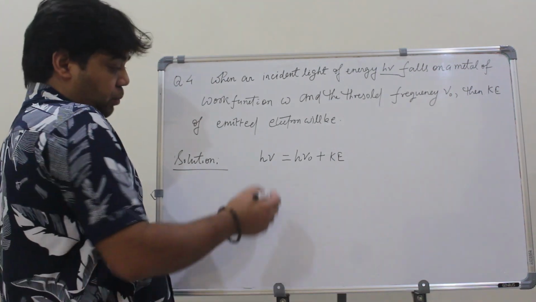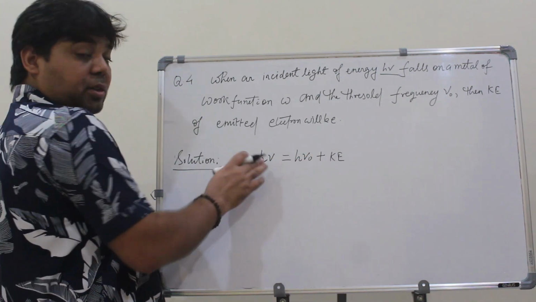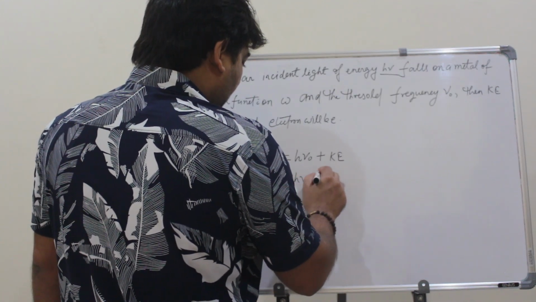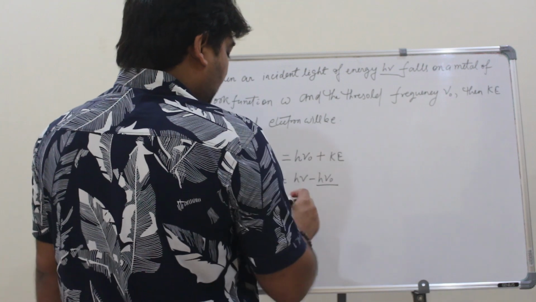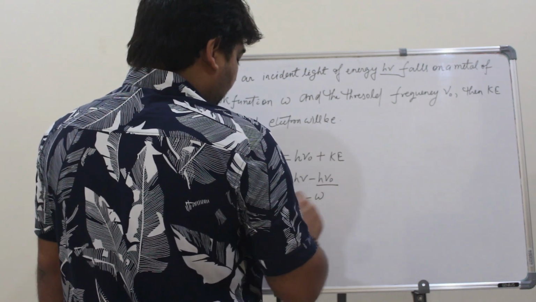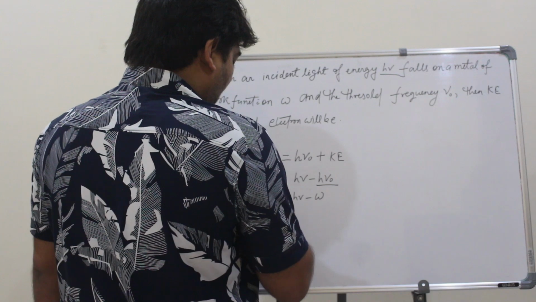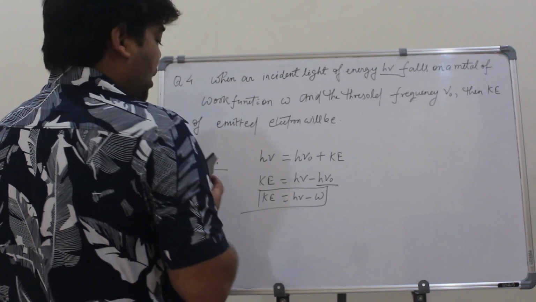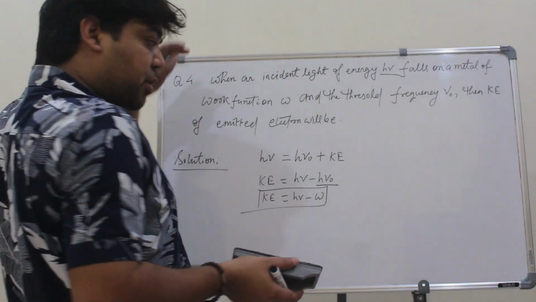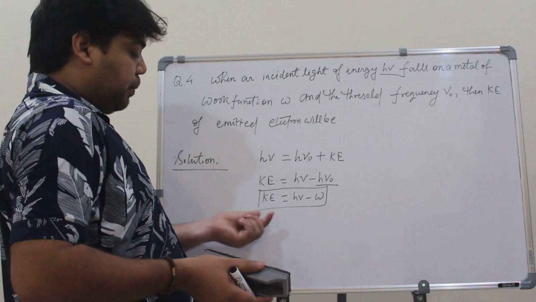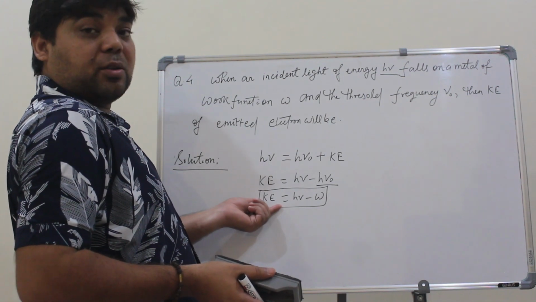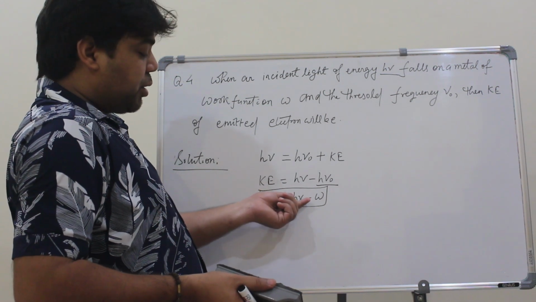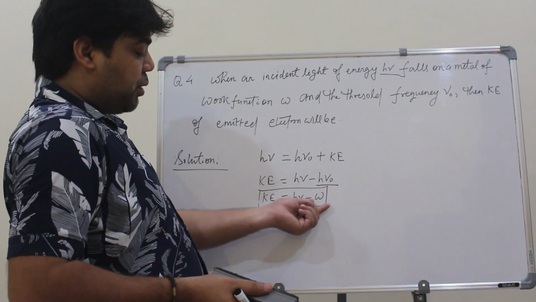This is simple energy conservation. The kinetic energy is h nu minus h nu naught, where h nu naught is the work function. This is the result we all know, the simple relation for the photoelectric effect between the kinetic energy of the emitted electron, the frequency or energy of the light falling on the surface, and the work function of the surface.